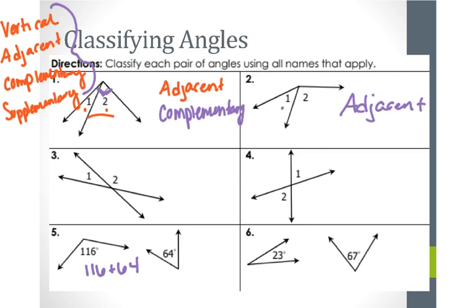Doing so, I get 180 degrees. Well, 180 represents the classification that says the sum of the 2 angles is 180 degrees. Looking back, that tells me it's going to be supplementary. So they don't have to be right next to one another all the time for a classification. They can be separated.